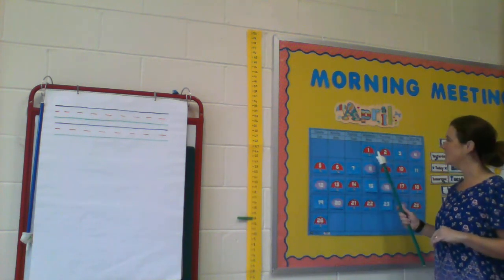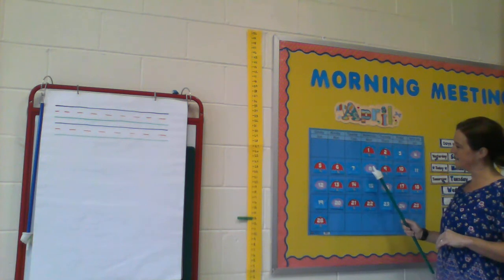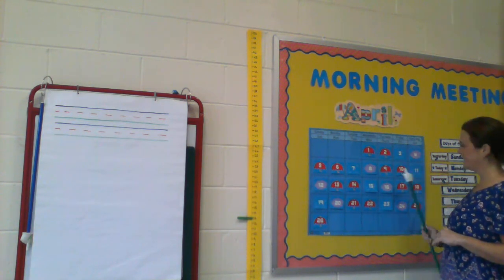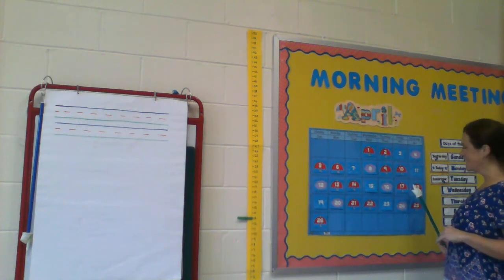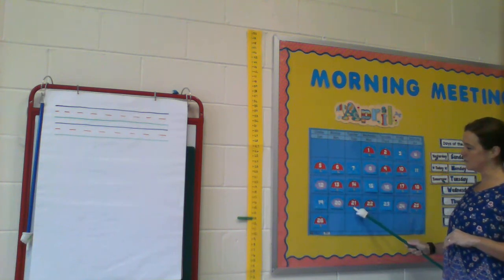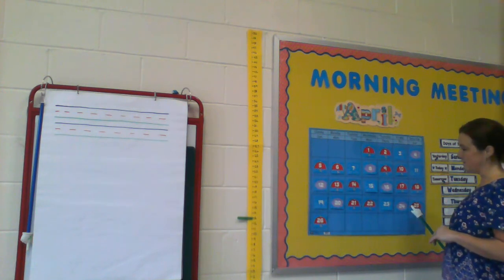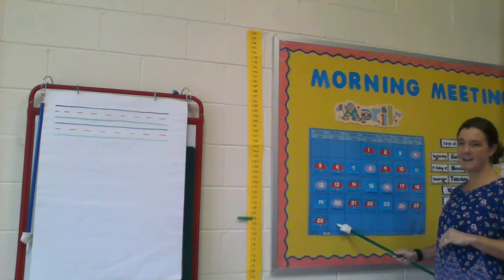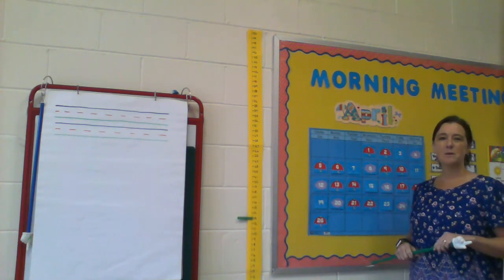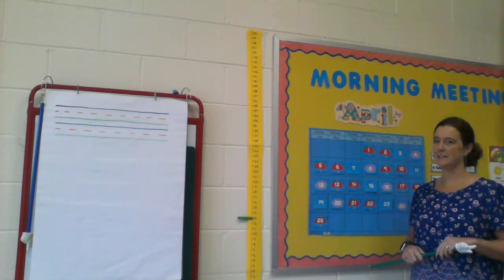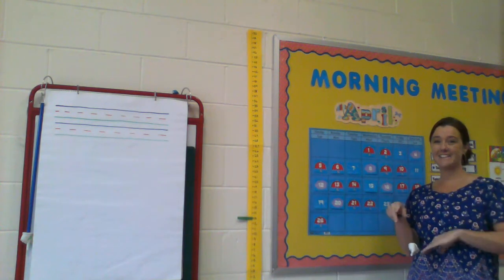Here we go. 1, 2, 3, 4, 5, 6, 7, 8, 9, 10, 11, 12, 13, 14, 15, 16, 17, 18, 19, 20, 21, 22, 23, 24, 25, 26, 27. Think about what 27 looks like. It has a 2 and a 7.